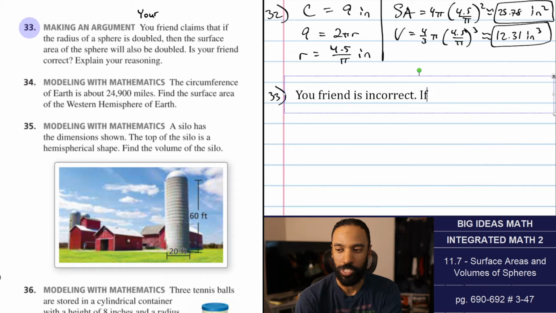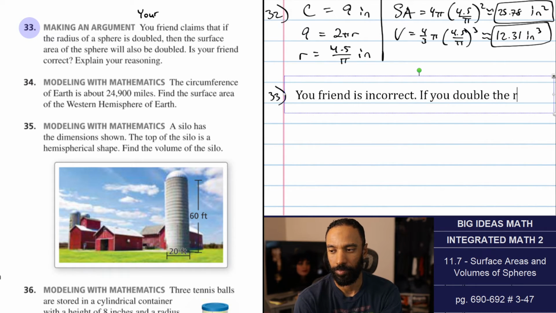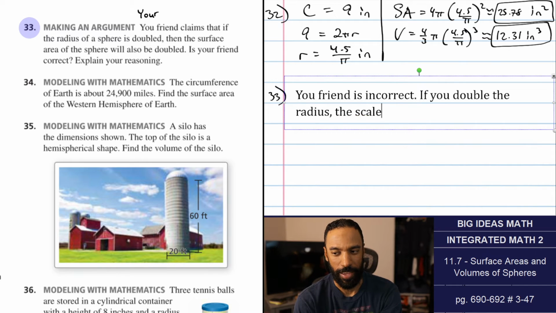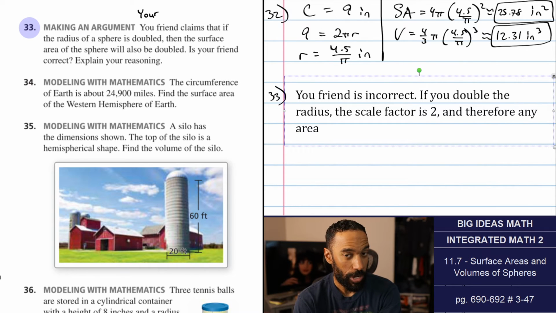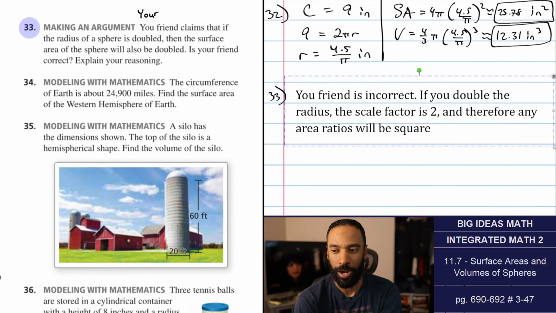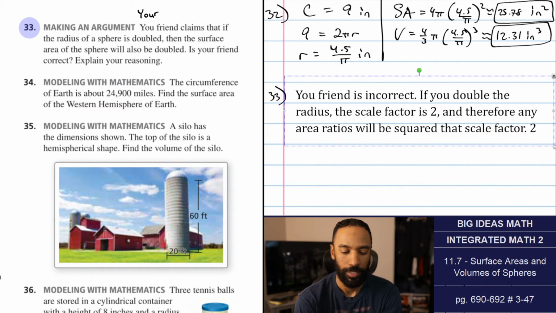If you double the radius, I'll say scale factor as the book would. The scale factor is 2, and therefore any area, including surface area, ratios will be squared that scale factor. So 2 squared is 4.